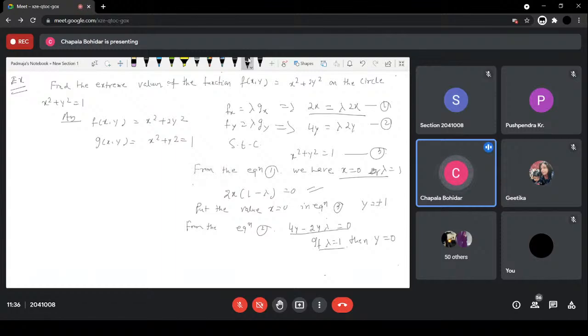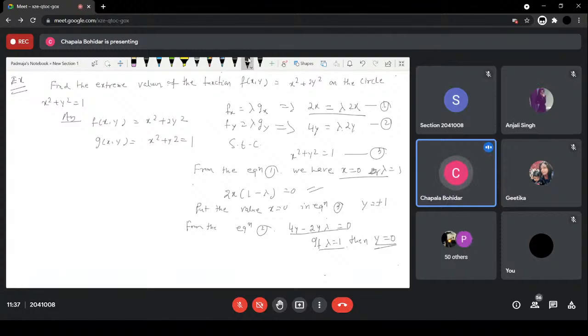So I got the value lambda is equal to 1 from equation 1. I put that value in equation 2, lambda is equal to 1, so y is equal to 0, yes.